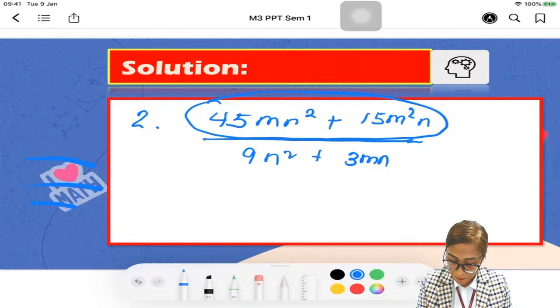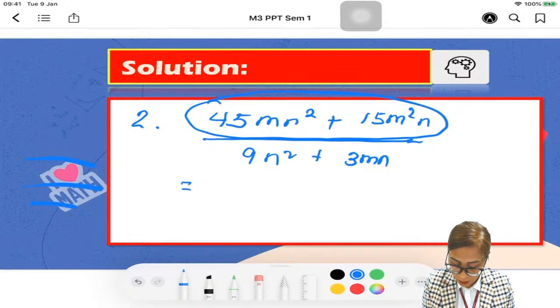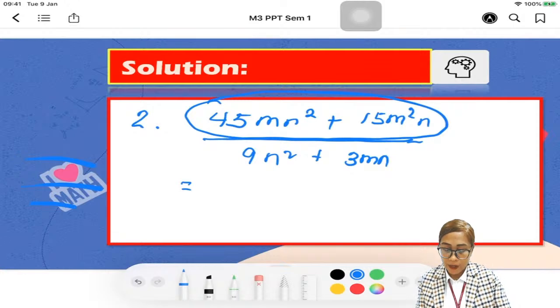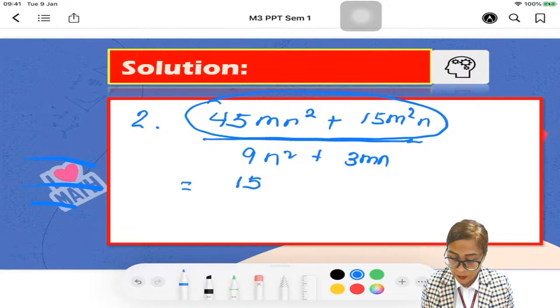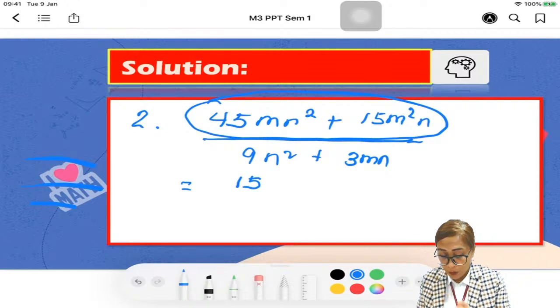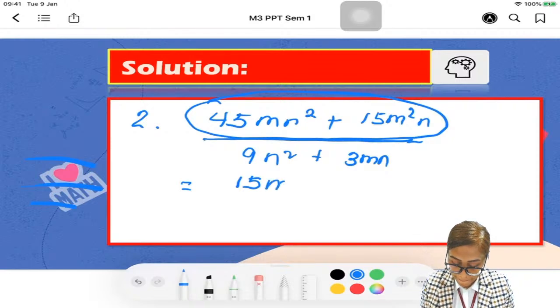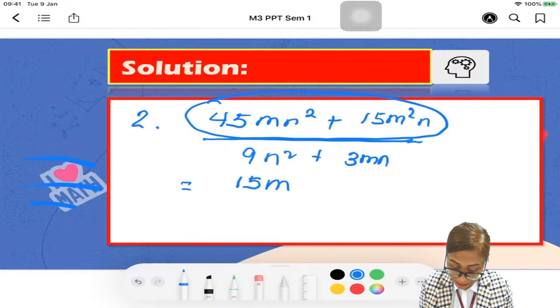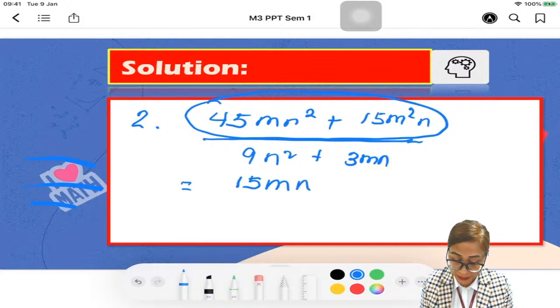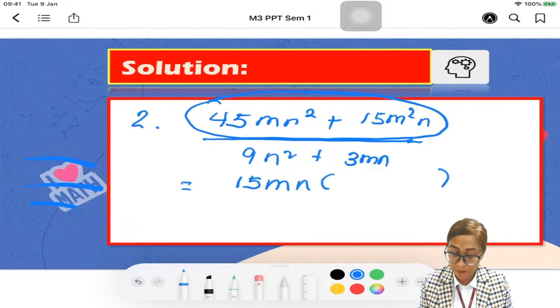We have 45mn squared and 15m squared n, so it will be 15. Then m and m squared, so it's m. n squared and n, common is n, and then you open and close.